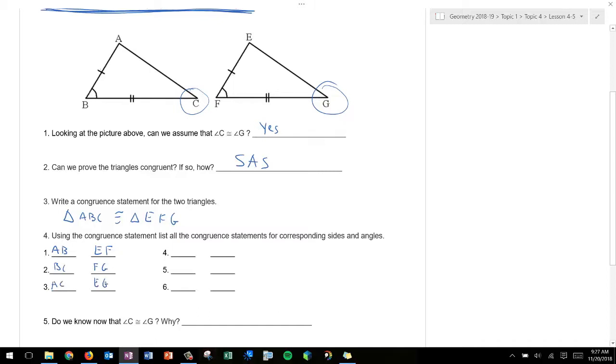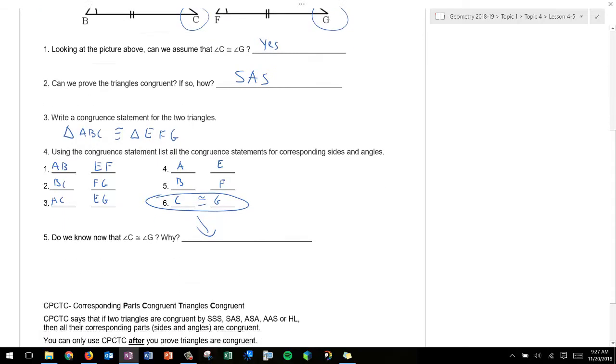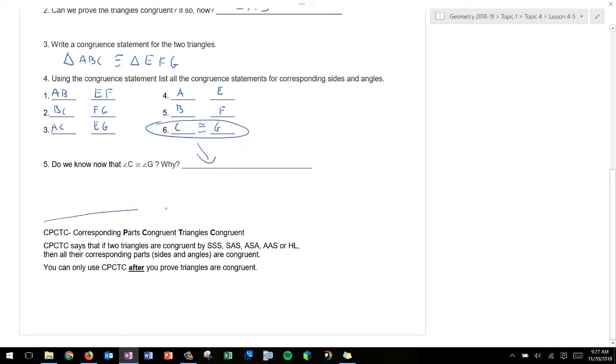Those are all three of our sides. And then our angles that correspond as well. We have A and E, we have B and F, and then we have C and G. And right there, number 6 comes right here. We know that C and G are congruent because they are corresponding parts in their own triangle, and the triangles themselves are congruent. So once again, it's the same text as above.